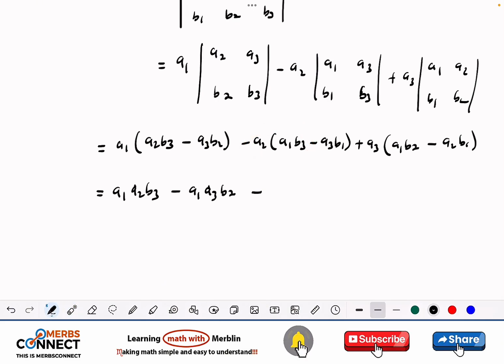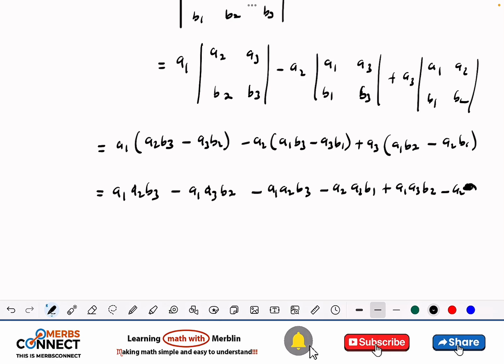when I multiply this one through, I want to arrange it well. So I'm going to have A1A2B3 minus, this one will be A2A3B1, plus, when I do this one it is going to be A1A3B2 minus A2, another A3, and then B2.